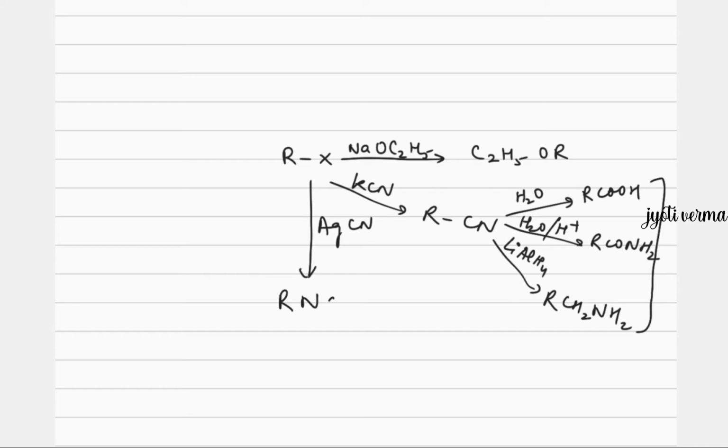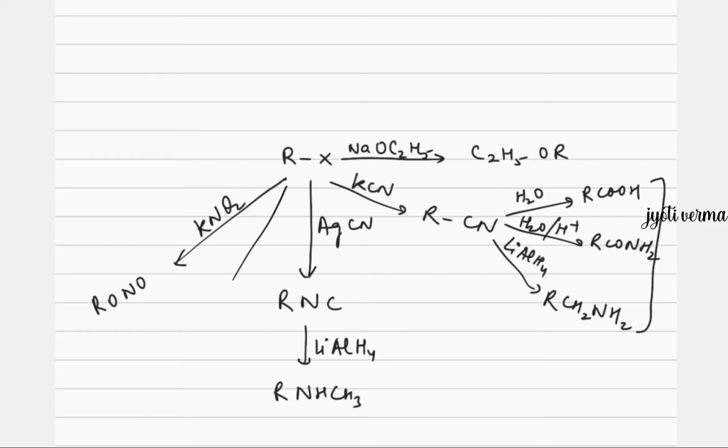We will get RNC isocyanide, which upon reduction gives secondary amine, RNHCH3. We can do its reaction with KNO2, we will get RONO. We can do its reaction with AgNO2, we will get RNO2 nitroalkane.